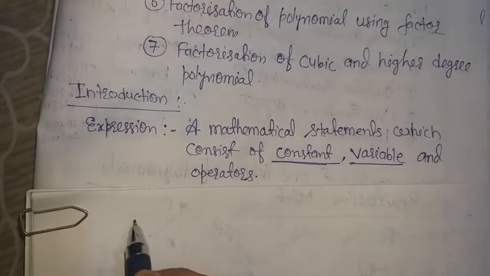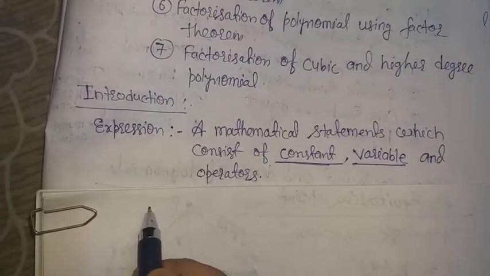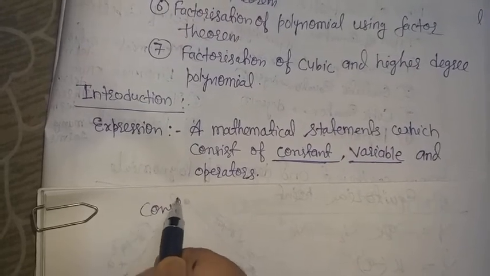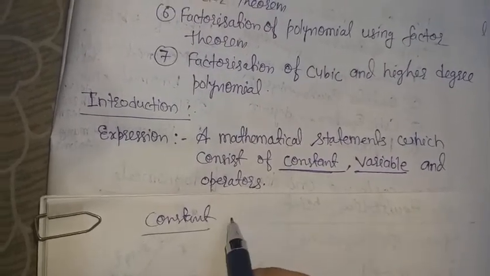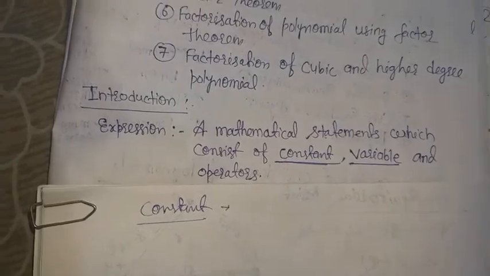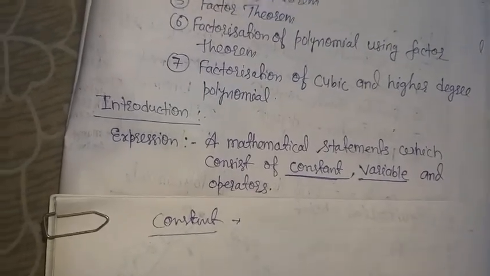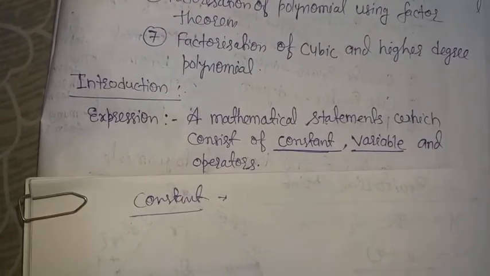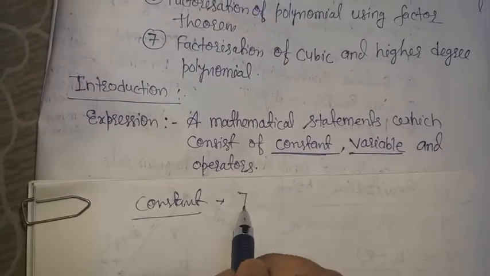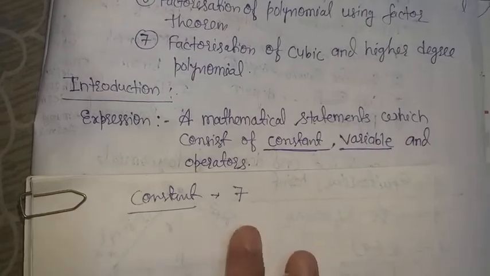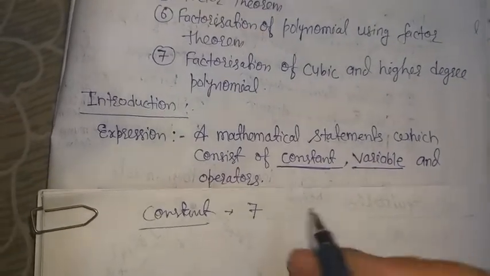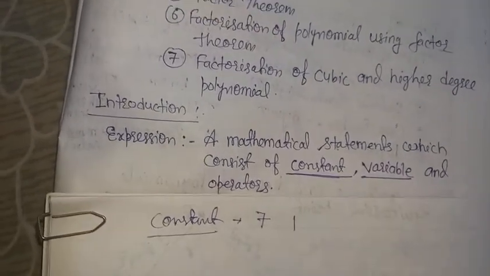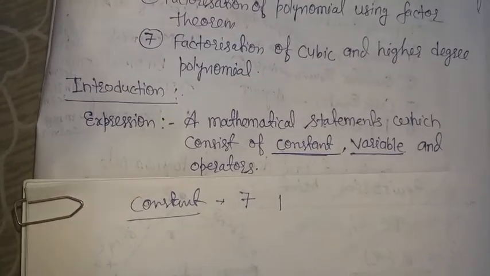What is constant actually? Constant is that quantity whose value will not change. As for example, 7 will always be used as 7. 1 will always be used as 1.